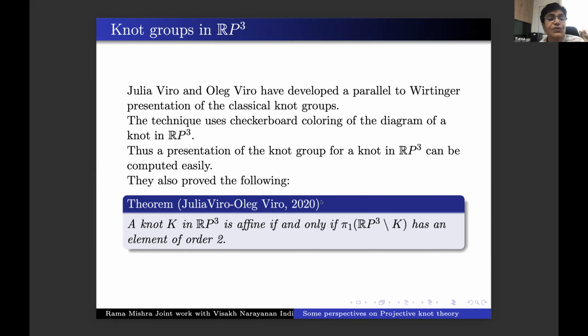And one could write down the presentation for the knot group. And this is one important theorem, that a knot is affine if and only if pi1 of the complement contains an element of order 2. So this is a very algebraic proof. In due course, we will develop something more geometric which proves the same result, that a knot is affine if and only if pi1 of the complement contains an element of order 2.